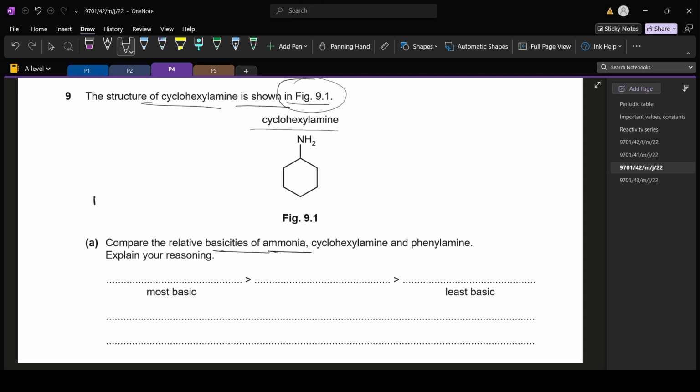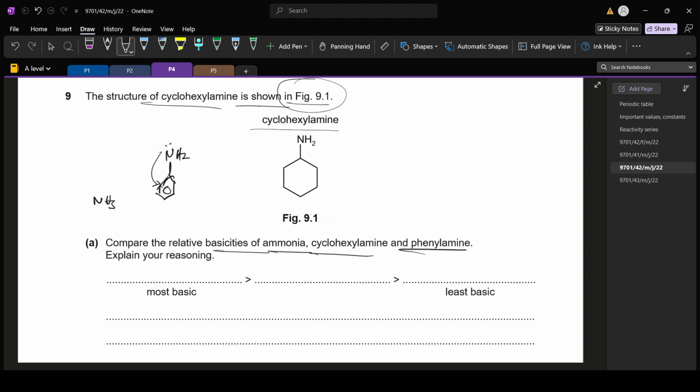You have ammonia, NH3, cyclohexylamine, and phenylamine, which has a structure like this. In phenylamine, you can see the lone pair on nitrogen is delocalized into the ring, the pi electron ring.